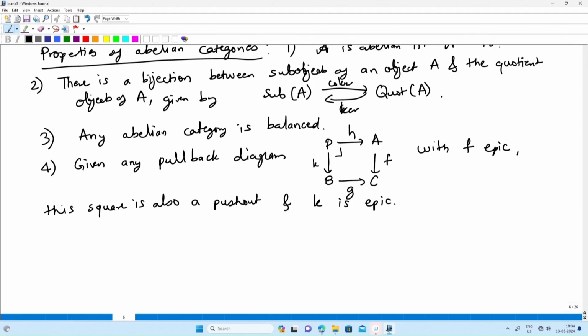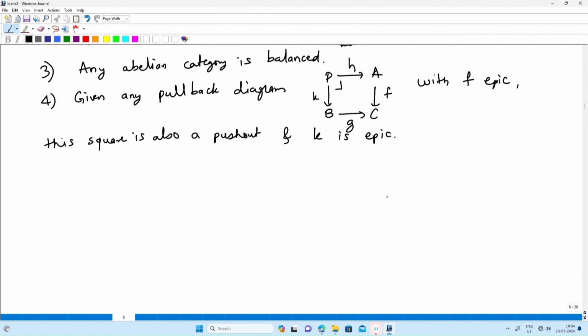So pullback of an epimorphism is an epimorphism, which is not what you normally think about. Epic and monic, that's how we write. Mono or epi, that's also fine. Okay, so let's prove this.